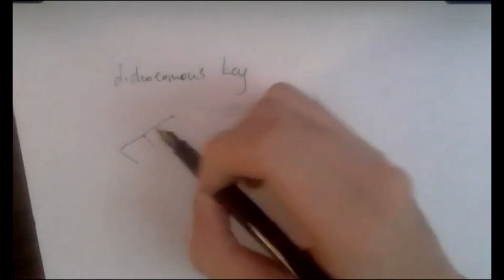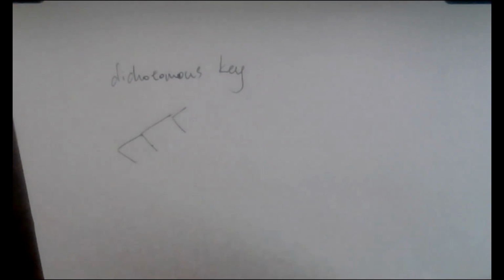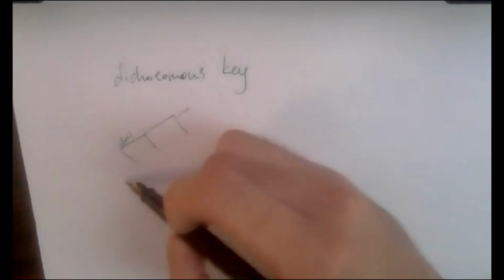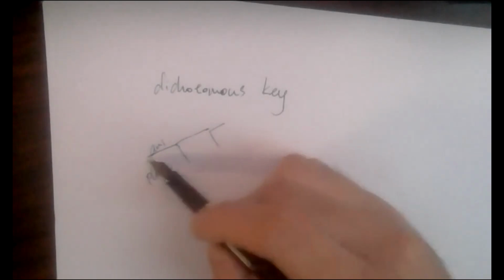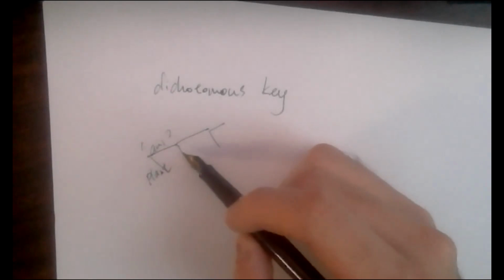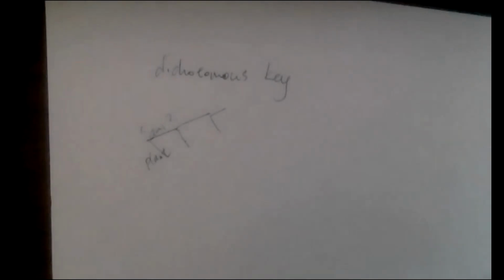So, for example, to classify a certain mammal, I could start with: is it an animal or is it a plant? If my answer is it's an animal, I go to the second question, which asks you some more specific details about the organism.